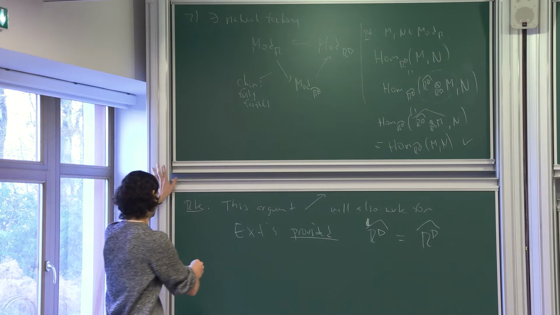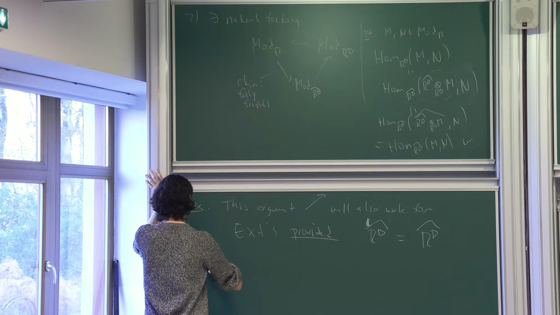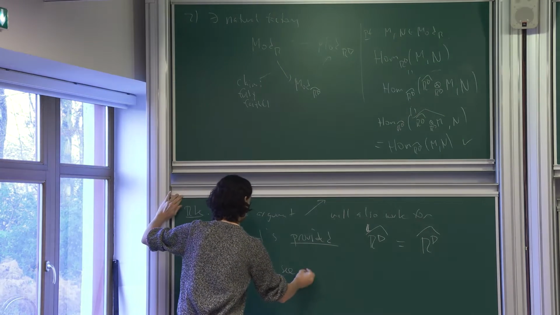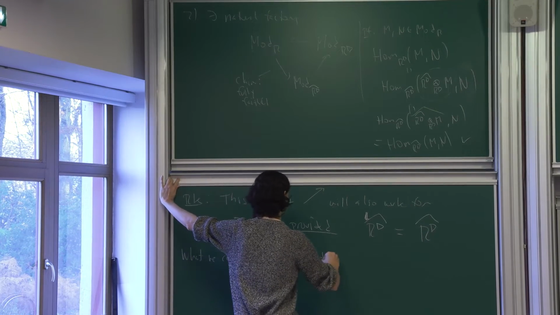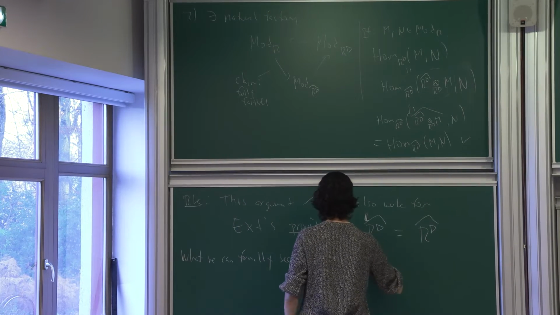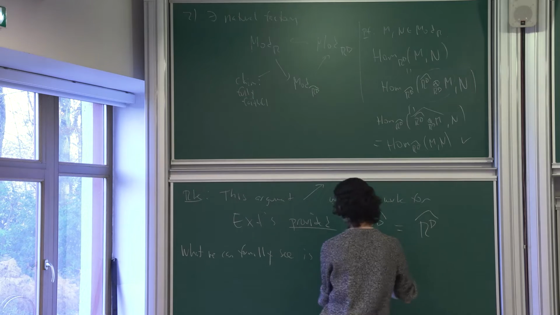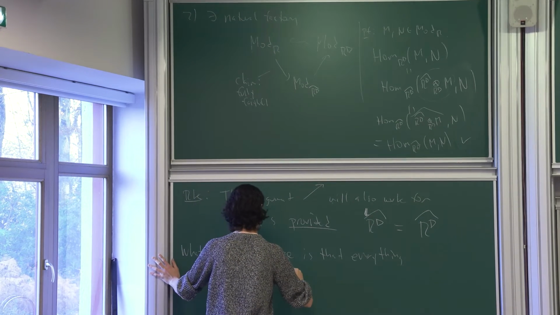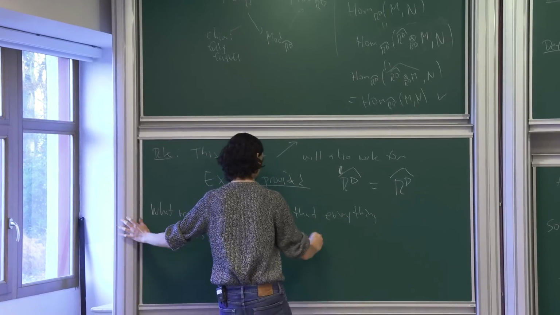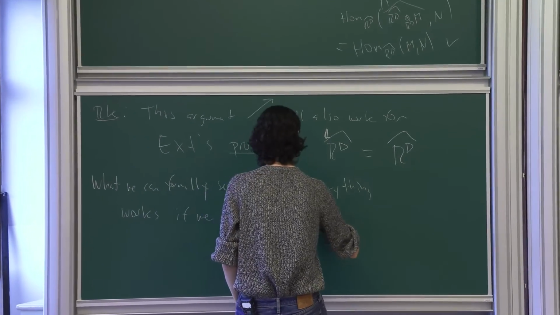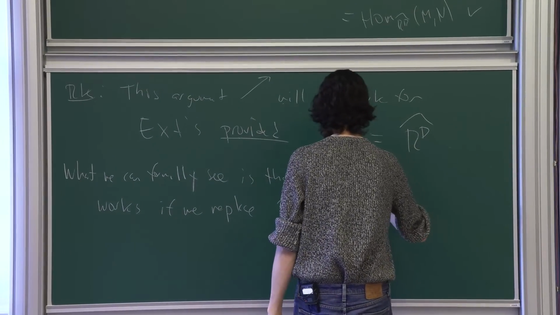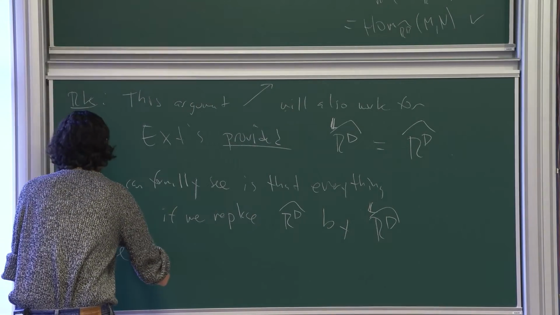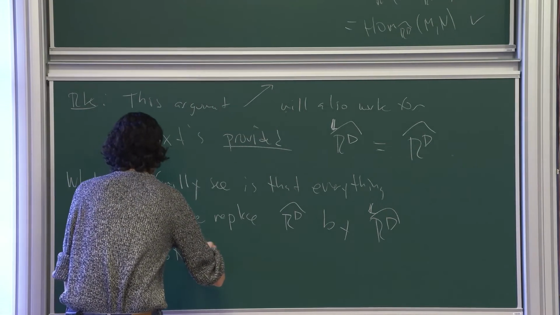So what we can formally see is that everything works if we replace R triangle hat by R triangle hat, the derived thing, and use the notion of derived analytic ring.